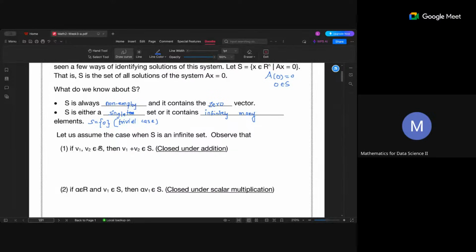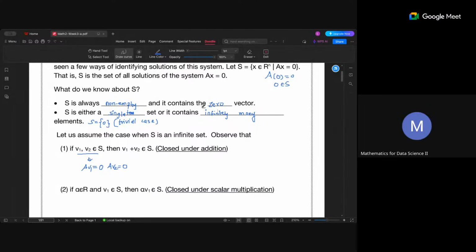So if V1, V2 belongs to S, from this what can you say about AV1 and AV2? If V1 and V2 belong to S, this is the definition: V1 is in Rn such that AV1 is equal to 0. So AV1 is 0 and AV2 is also 0, right?